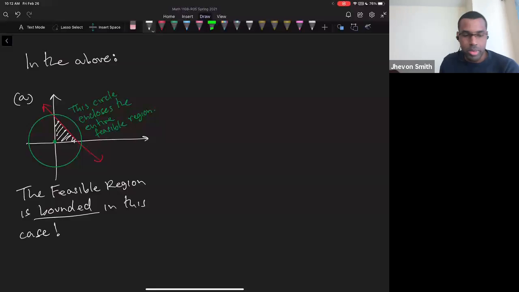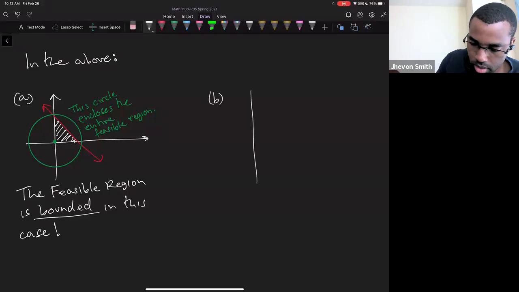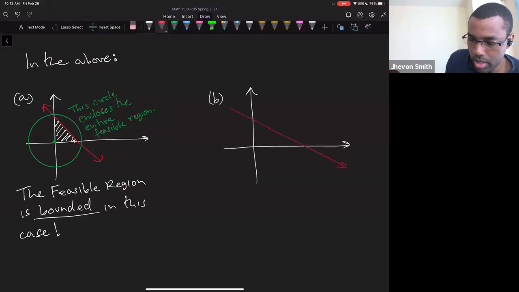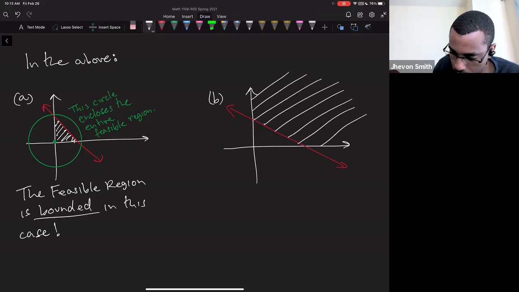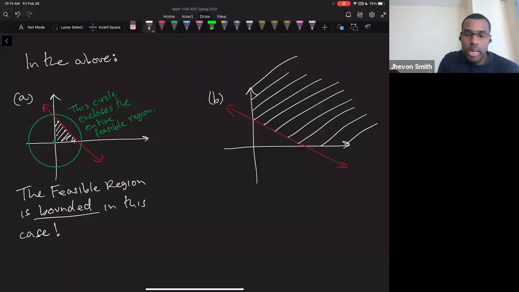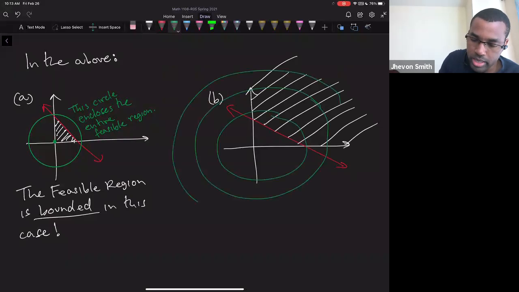Now, if we look at the second example I did for you guys, still had the same situation going on. No, not the same feasible region. Our feasible region in this case was above here. Now what you'll notice is that no matter how big I draw a circle, it's going to miss some of the shadings.